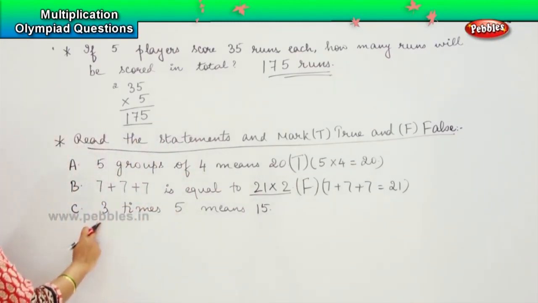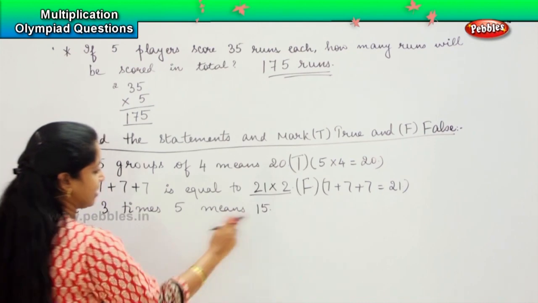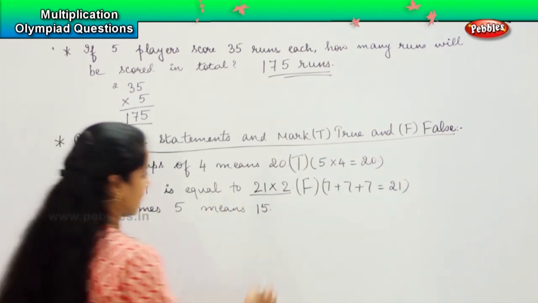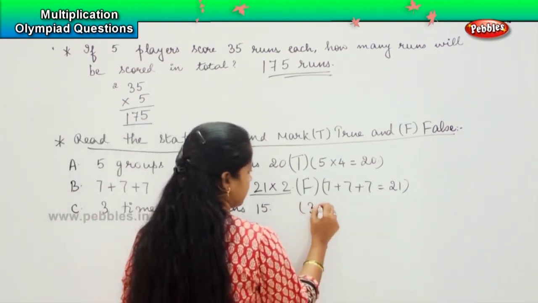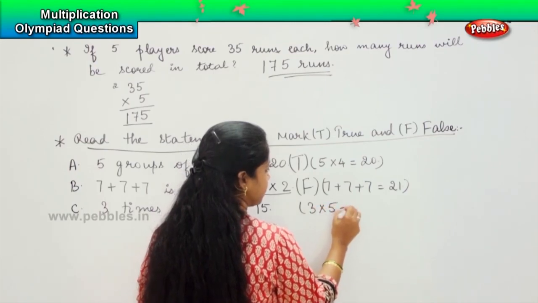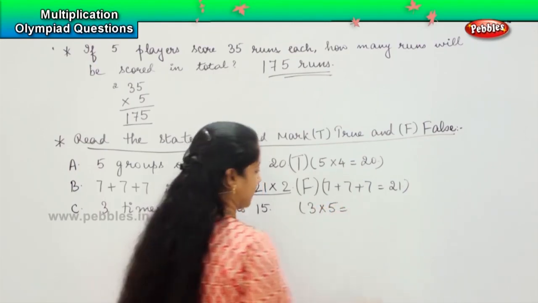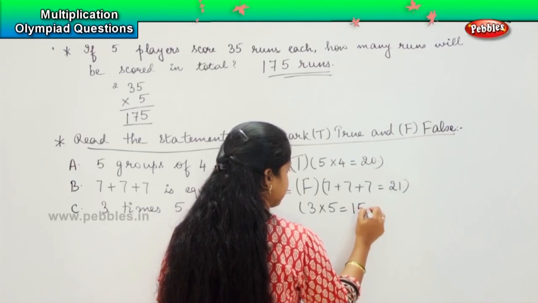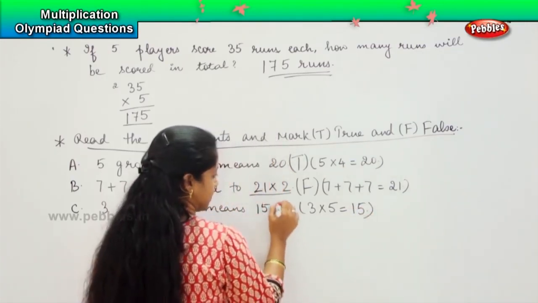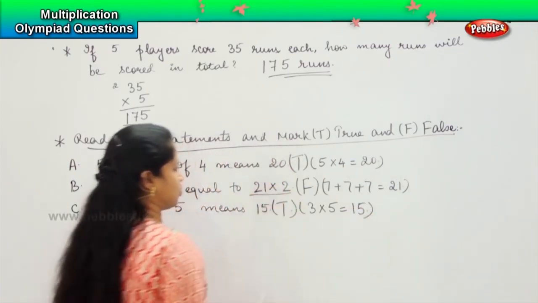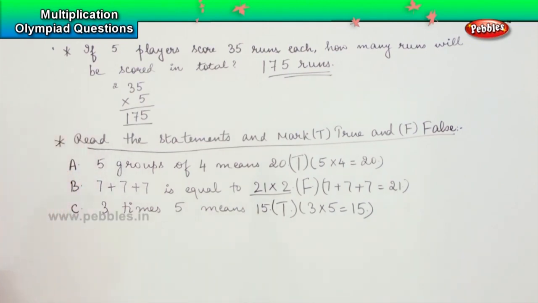Okay. Next one says 3 times 5 means 15. So 3 into 5 is how much? 3 5s are? Yes, 15. So this answer is also true. So statements A and C are true, whereas statement B is false. Clear? Shall we move? Okay.